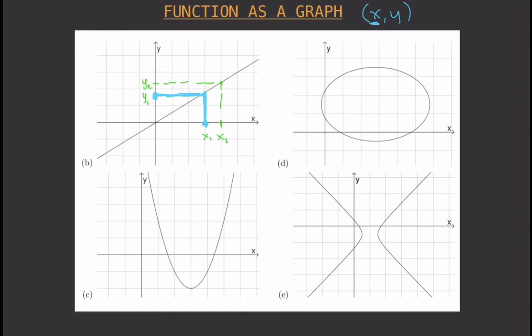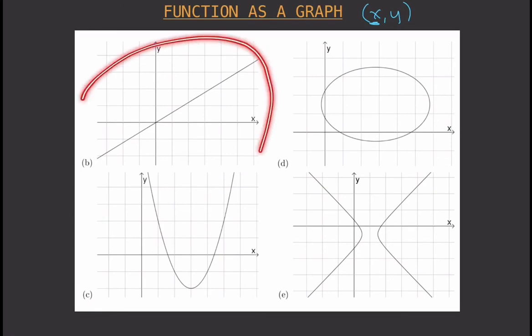Okay? Now, what's the simple way to know if a graph represents a function or not? Well, we have what we call the vertical line test. Okay? So, basically, the vertical line test tests kung ang iyong x value ba ay may dalawang partner. Okay? So for example, in this graph right here, okay?